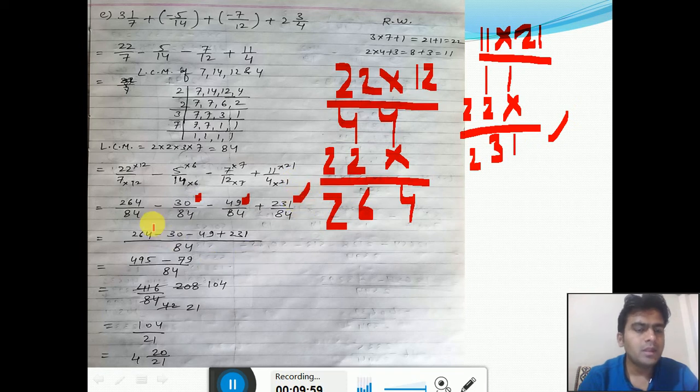Now all denominators are equal, 84, so we will write 84 one time, and all the numerators we will write in the numerator part with their signs. So 264 has the sign plus, 30 minus, 49 minus, and 231 plus. Now we will add the positive numbers and add the negative numbers together. So the positive numbers are 264 and 231.